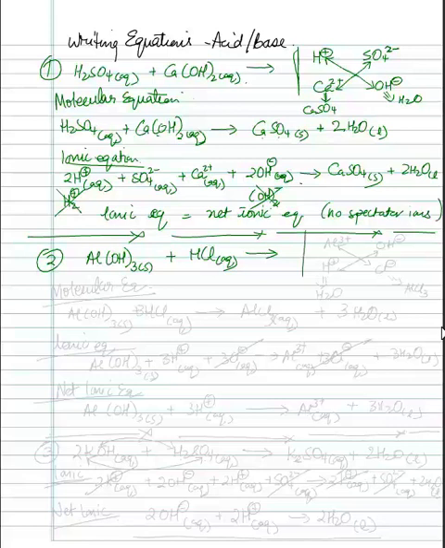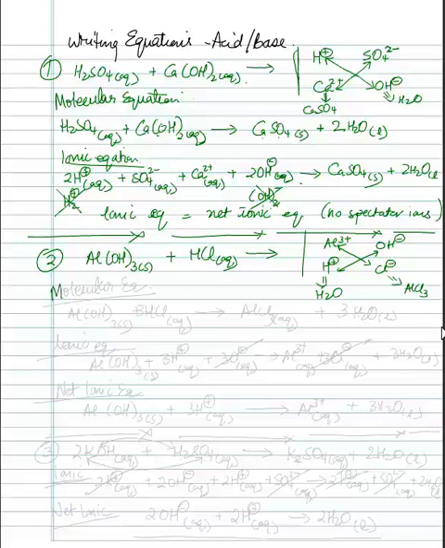Again, we can write it out. Aluminum is 3 plus, hydroxide is minus 1, HCl is H plus and chloride is minus 1. So crisscross, and this gives us H2O, and aluminum and chlorine give us aluminum chloride.